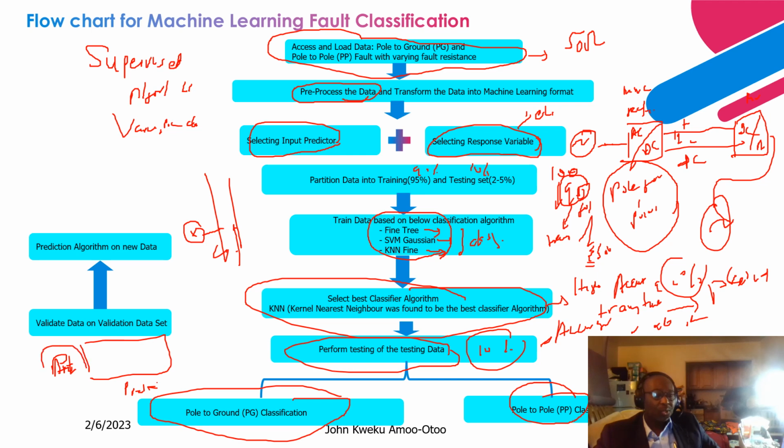Actual is your actual data, and prediction is what you aim to match to the actual. That's where you get your percentage accuracy from.